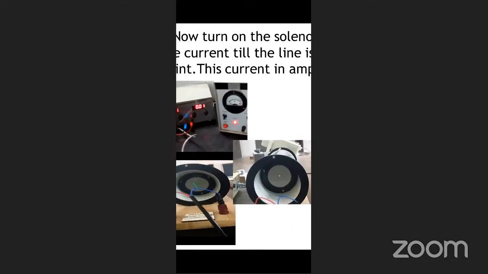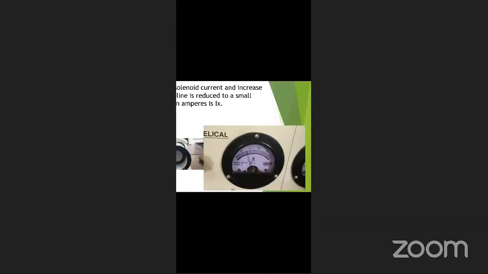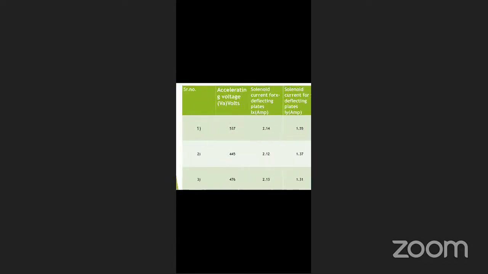We will increase the current till the line is reduced to a small point, and we will get the desired value of Iy. Here we see the observation table, and in this we have the values of accelerating voltage, Ix and Iy.